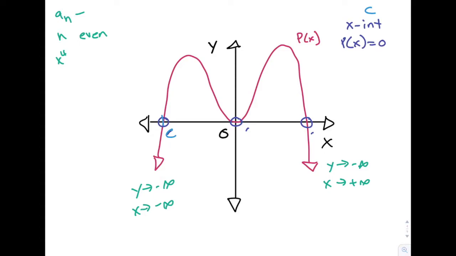We also know from our discussion of quadratics that, for example, if we had something like p of x equals x squared minus x, that we can find the x-intercepts by factoring. So this factors into x minus 0 and x minus 1. So this particular quadratic polynomial has intercepts at x equals 0 and x equals 1.